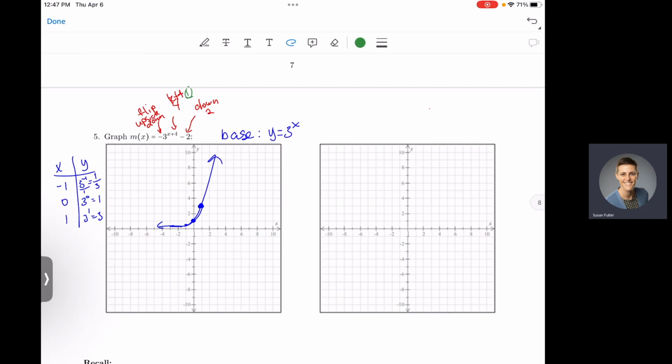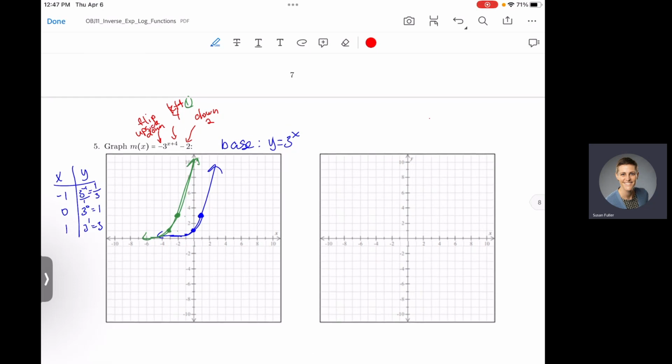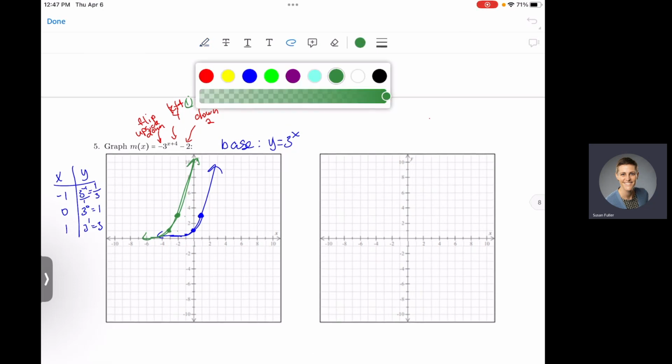So I'm going to shift them both to the left. 1, 2, 3. 1, 2, 3. And so if I shift this thing to the left, notice my asymptote doesn't change. If I shift y equals 0 to the left, it still stays y equals 0. So I don't have to do anything with that. So that's the first change that we have to make here.